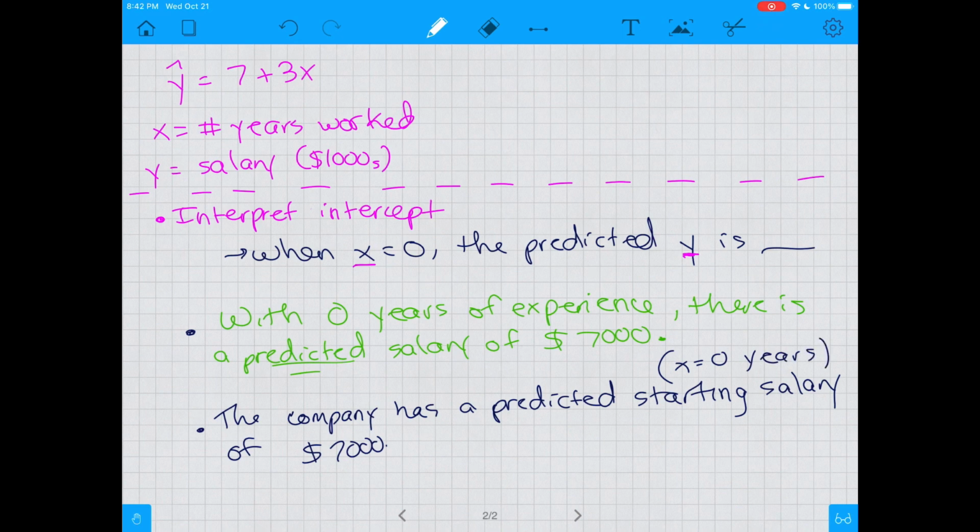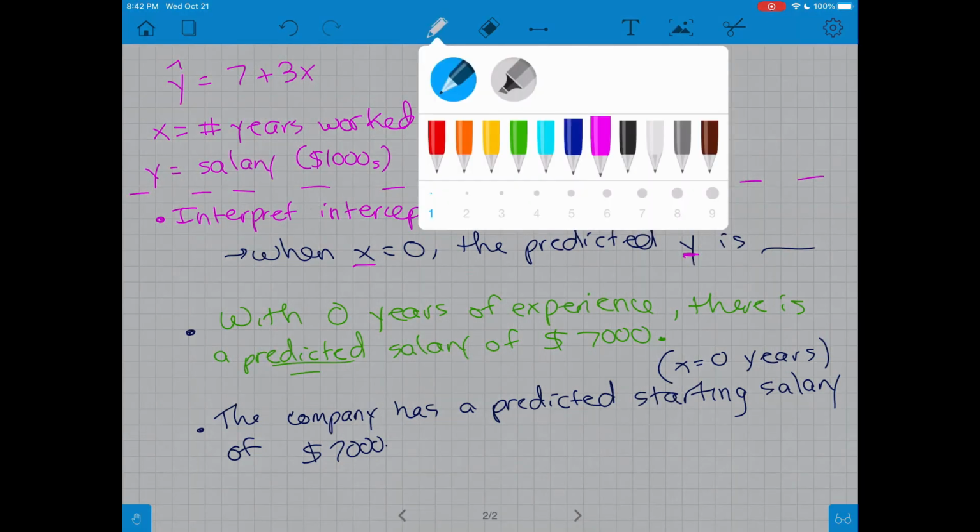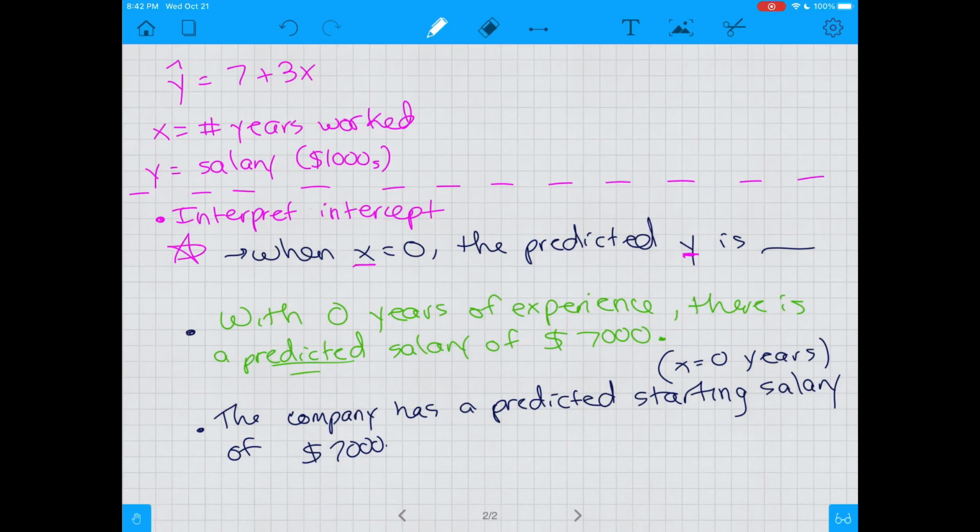Because oftentimes in the scoring guidelines, they say specifically that you have to make reference to whatever the x variable stands for being equal to 0. But still, this general format of when x equals 0, the predicted, again important, the approximate, we would expect, all that same type of language is very, very important. Without that, you probably lose some credit.